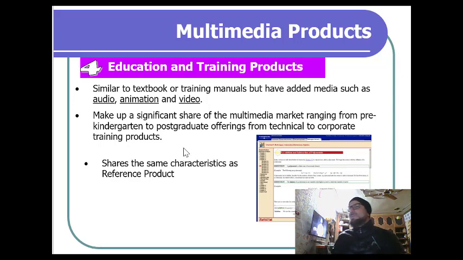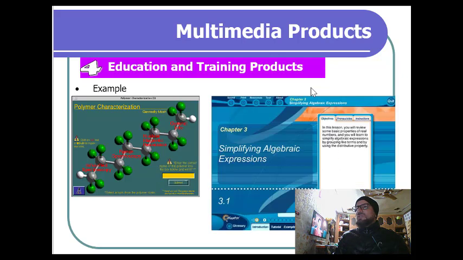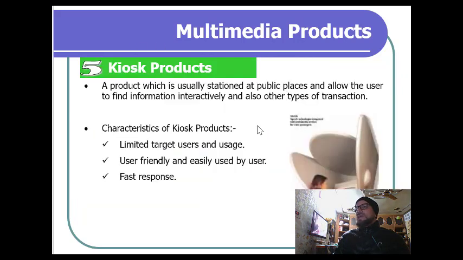This makes up a significant share of the multimedia market, from pre-kindergarten to postgraduate, offering technical or corporate training products where I can make videos on a course and sell it as an education and training multimedia product. And there come these animations. Say for example, it is chapter-wise, you can click and there is a chapter, there is text on it, there could be video on it. So these are education and training products.